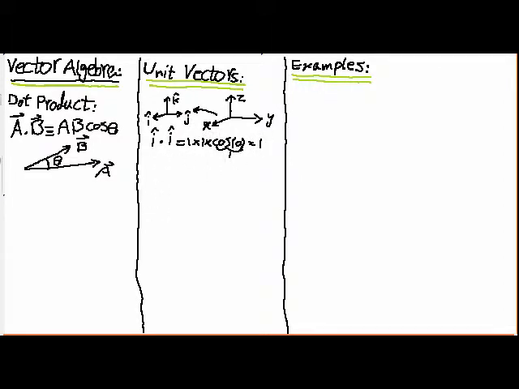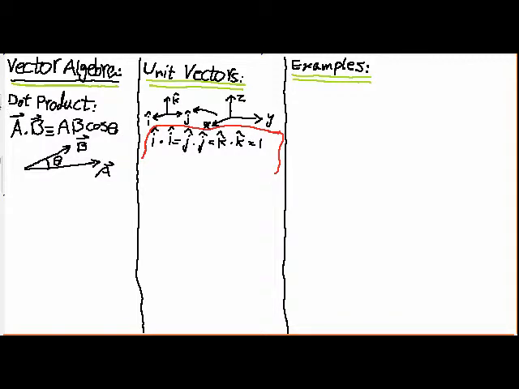And this is the same for j hat and k hat, right? So let's write them in here as well. And then we need to memorize this equation. So j hat dot j hat equals k hat dot k hat equals 1. And to emphasize its importance, I'm going to circle this equation and the next one.